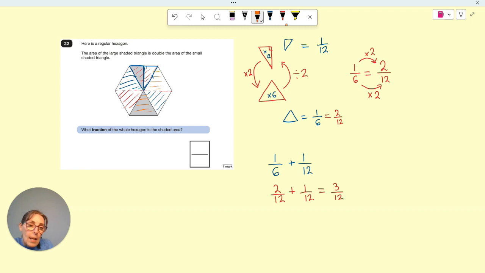So let's see if we can do an equivalent fraction, because they'll want it in its simplest form. So I'm going to divide the top and bottom by 3. How many 3's fit into 12? 3, 6, 9, 12, so 4. 3 divided by 3 is 1, so my answer is going to be 1/4.